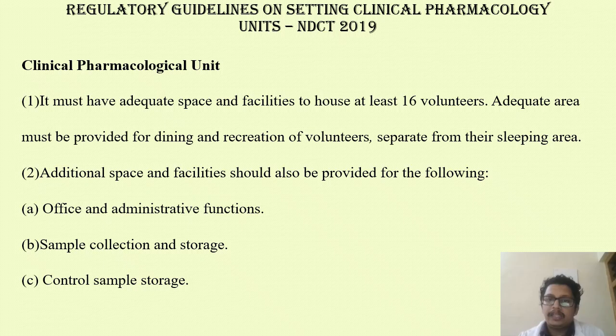So similar to any ICU, the clinical pharmacology unit, or CPU, also has certain specifications that we are discussing in the oncoming slides. An additional space facility should be provided for the following: office and administrative function, sample collection and storage area, control sample storage.